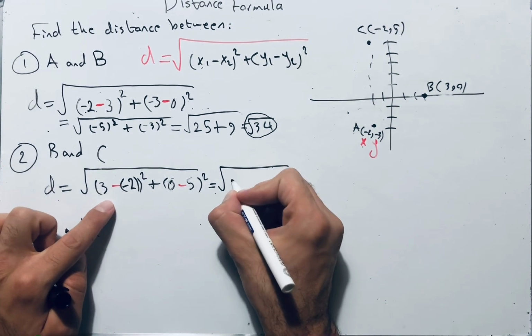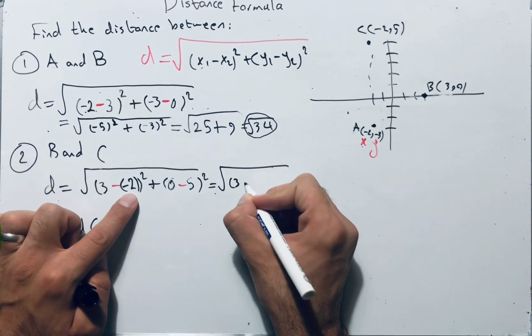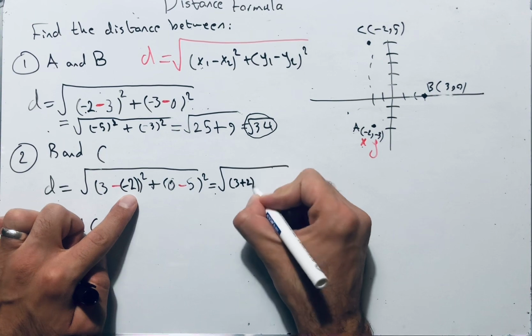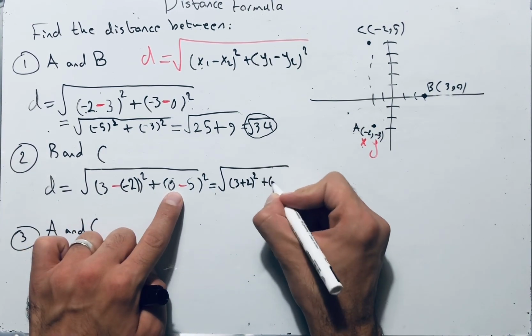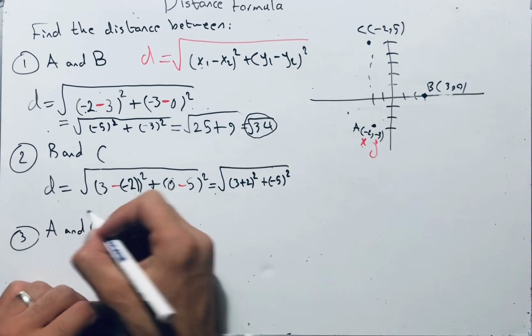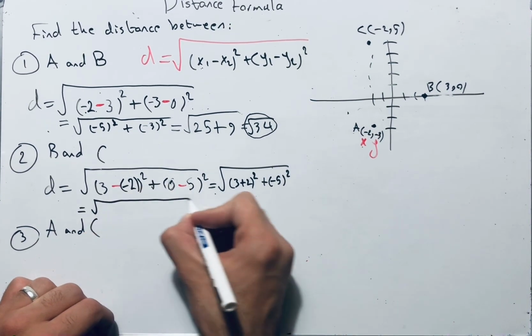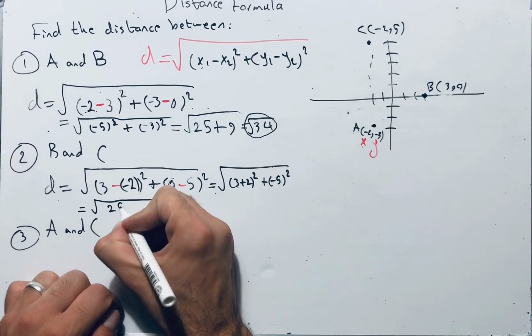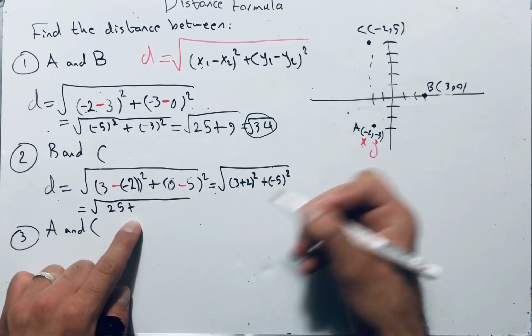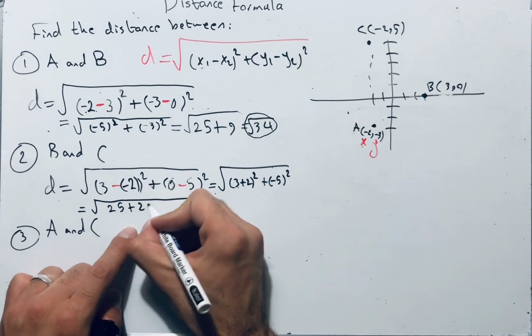So this becomes what? We have 3, negative, becomes a positive 2 to the power of 2. And then plus, this is just -5 to the power of 2. So this is equal to, again, 3 plus 2 is 5. 5 squared is 25. And negative 5 squared is also 25.